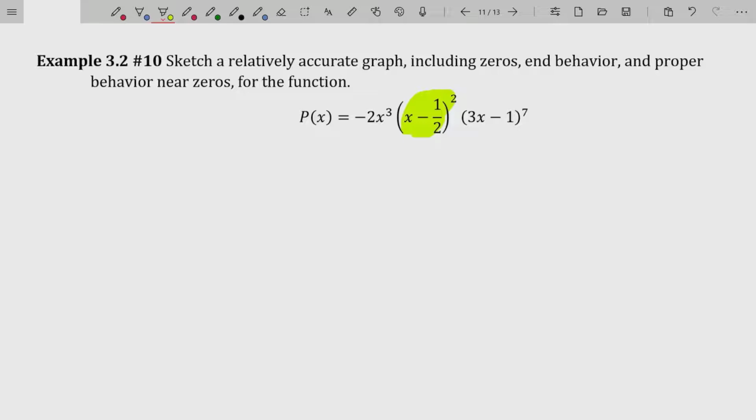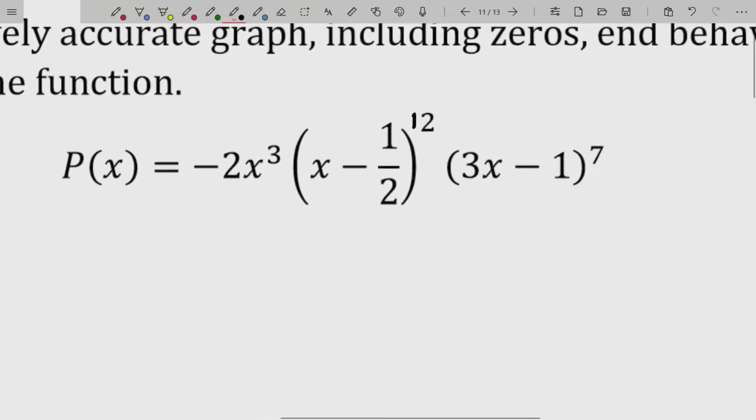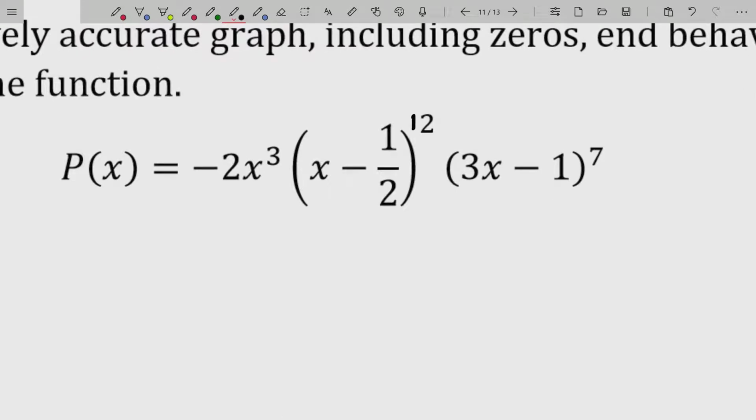Also, something else you should know is that whenever you have a power, let's say this wasn't a 2 but instead a power of 12, the graph is still going to look very parabolic, except that it's going to be super duper flat.